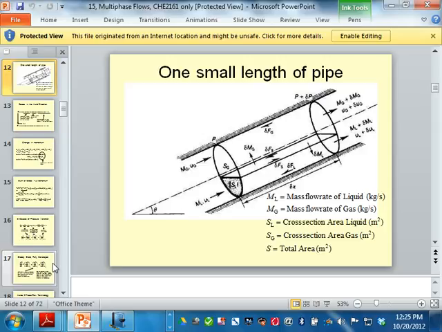The first one is friction, wall friction, shear stress on the wall, which you all know already. The second one is gravity, so elevation. If your pipe were to climb up or go down, there would be a pressure drop due to the elevation, H1 minus H2 or H2 minus H1.